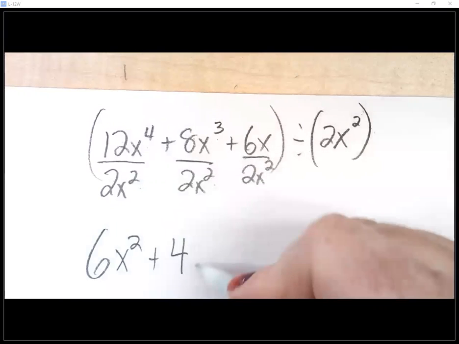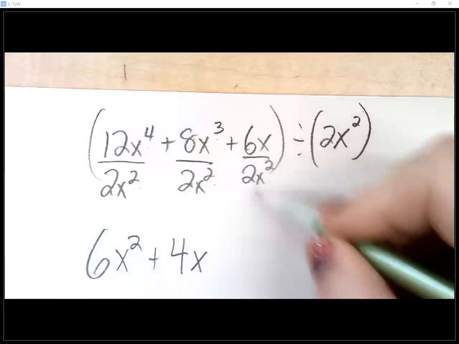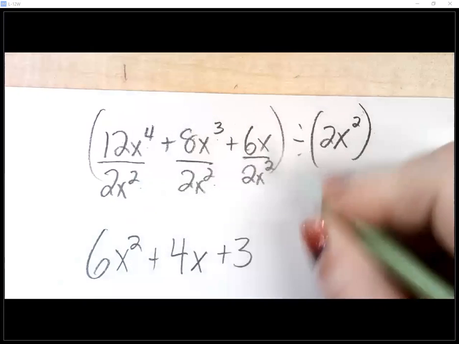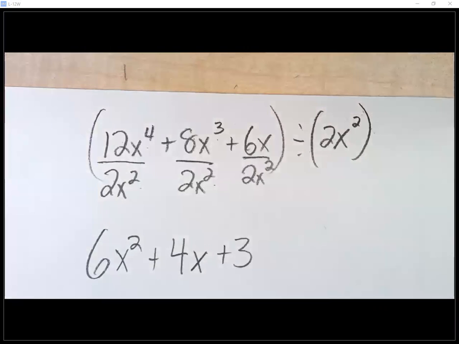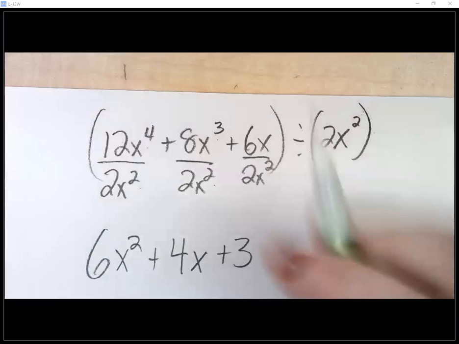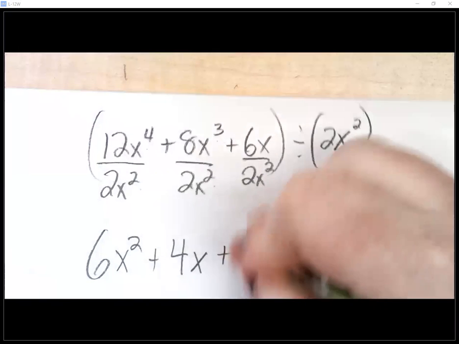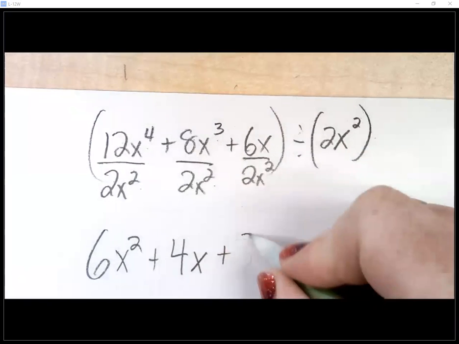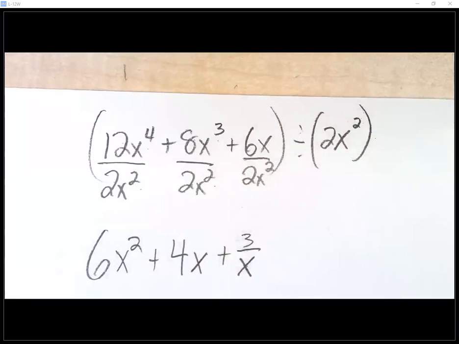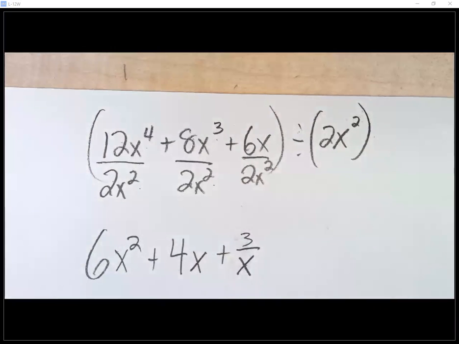Here, that's 3, and I'll write that a little bit smaller. I'll have 3 over x, because the x that's left is in the denominator. That would be my answer. If you're dividing by a monomial, you just divide each term by that monomial, simplify the fractions, and you're done.